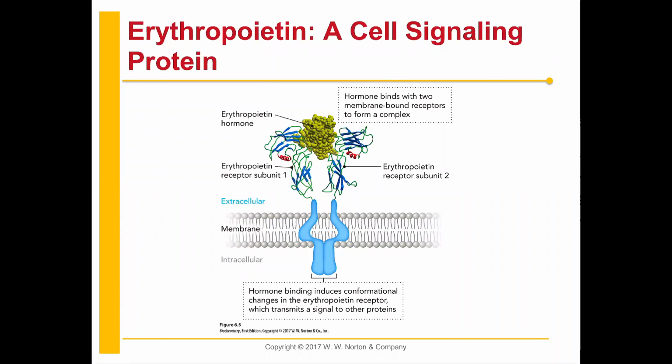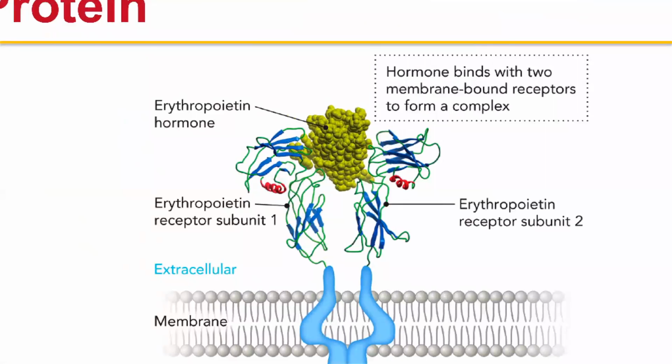I don't know if y'all have heard this before, EPO. So this is the receptor for EPO. In yellow here, this one right here, this is the hormone. This hormone stimulates red blood cell production.